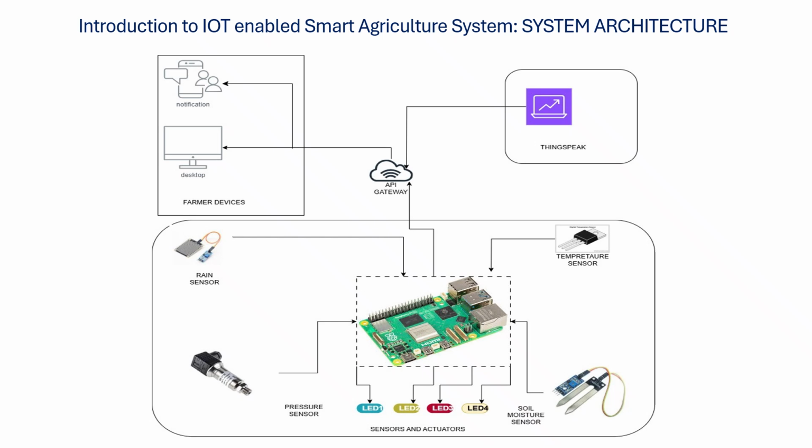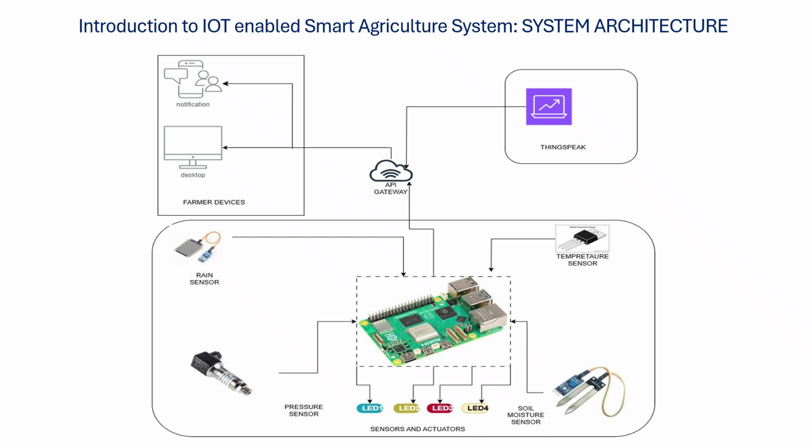So you can see from the video that this is the system architecture. Here we have sensors, API gateway, actuators, and ThingSpeak platform. So this is the complete diagram of system architecture.